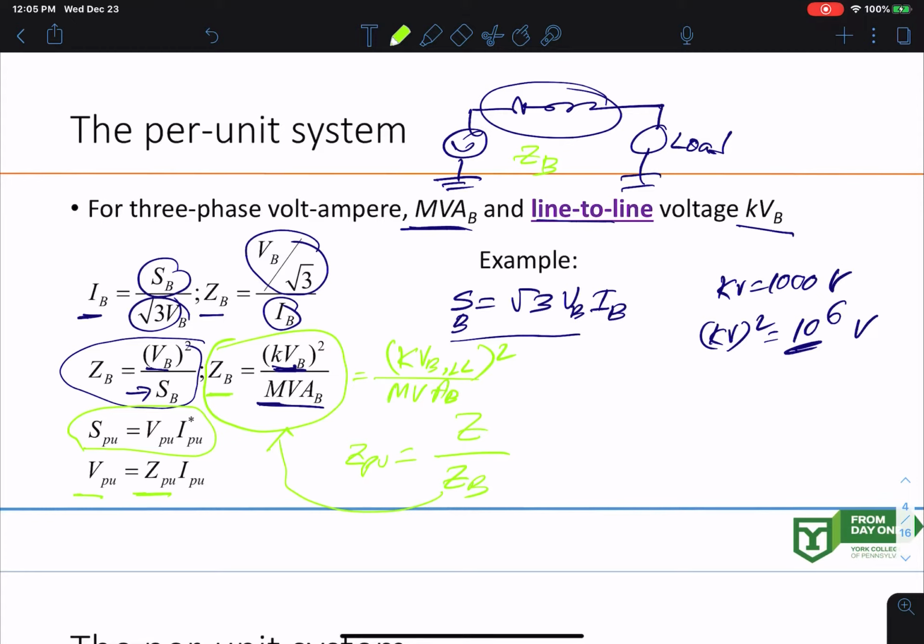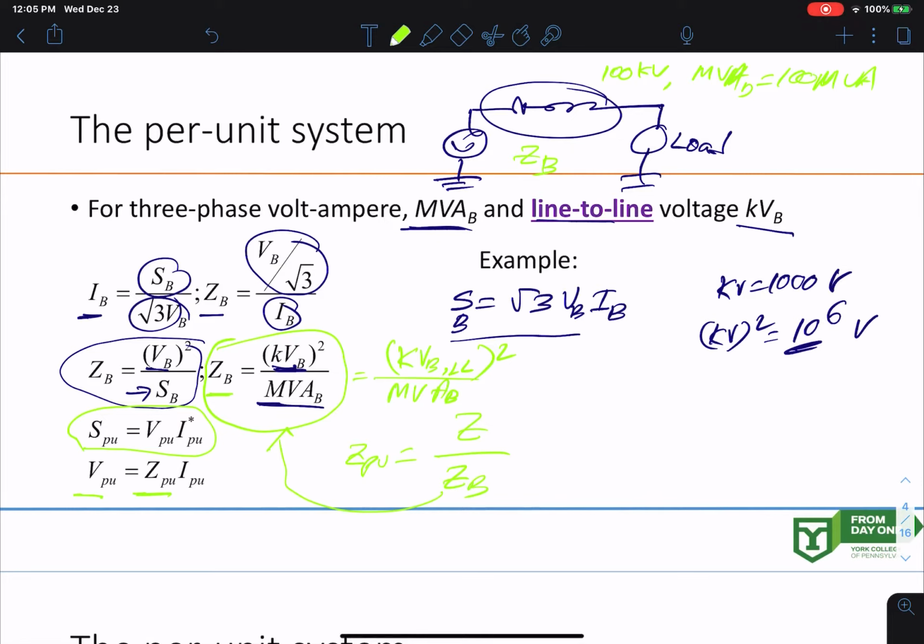So for example, if we have a line here, your base voltage is 100 kilovolts, and your base MVA is 100 megavolt-amp.